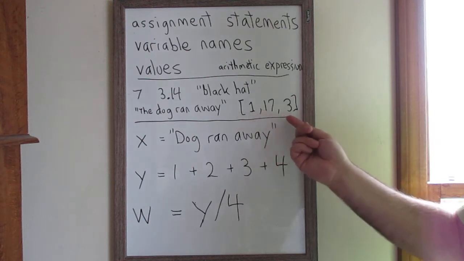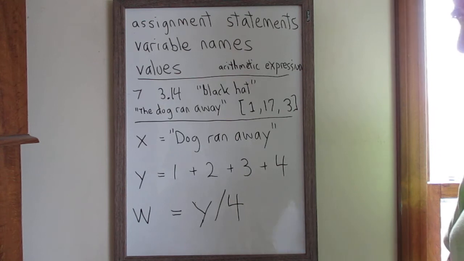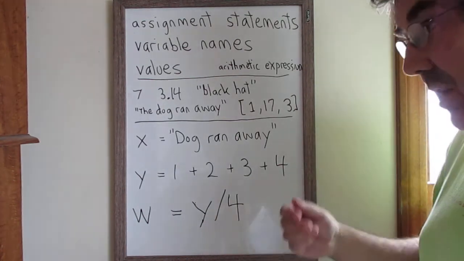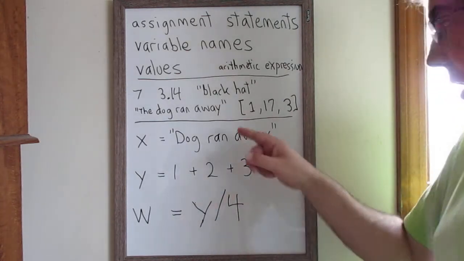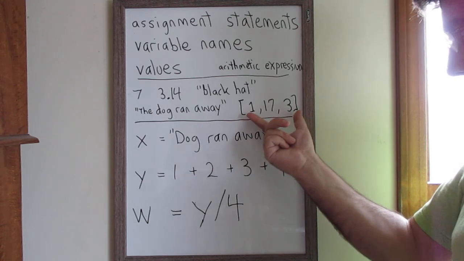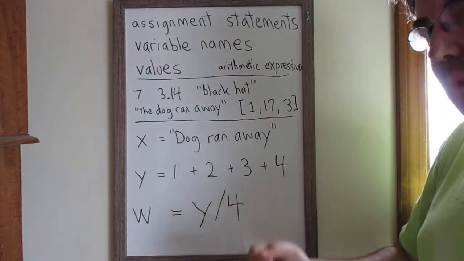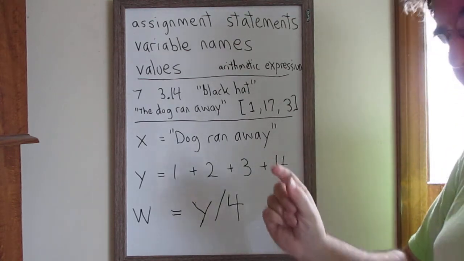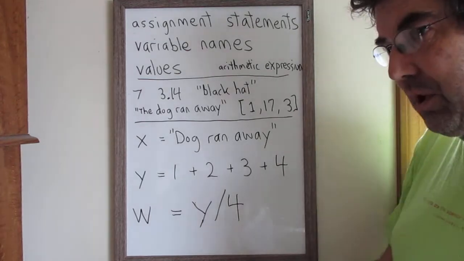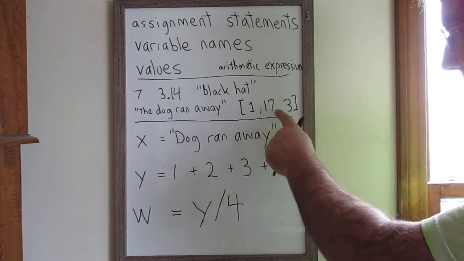This is an array that contains the numbers 1, 17, and 3. It's a complex data structure that's a bit like a container. This array, which includes square brackets to indicate that it contains the numbers inside, is treated by computer code as a single value, a single object, but it is a complex object that refers to or contains more simple values inside.